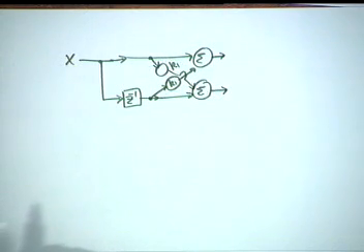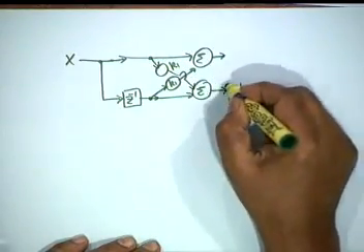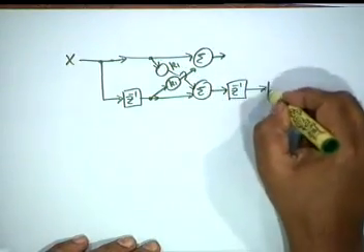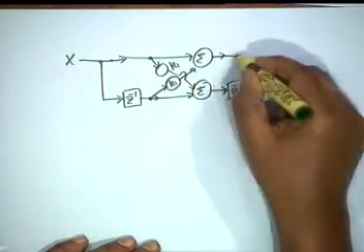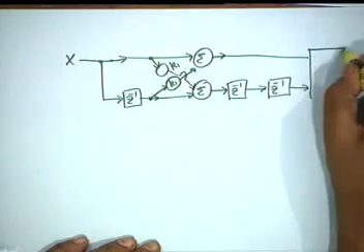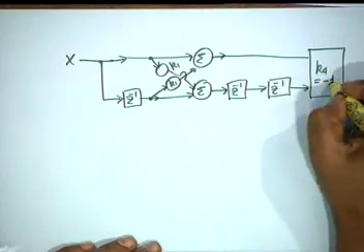So, K2 equal to K3 equal to 0. You see the simplification? So, we shall have two delays here. K2 is 0, K3 is 0, two delays, and then finally we shall have K4 equal to minus 1.